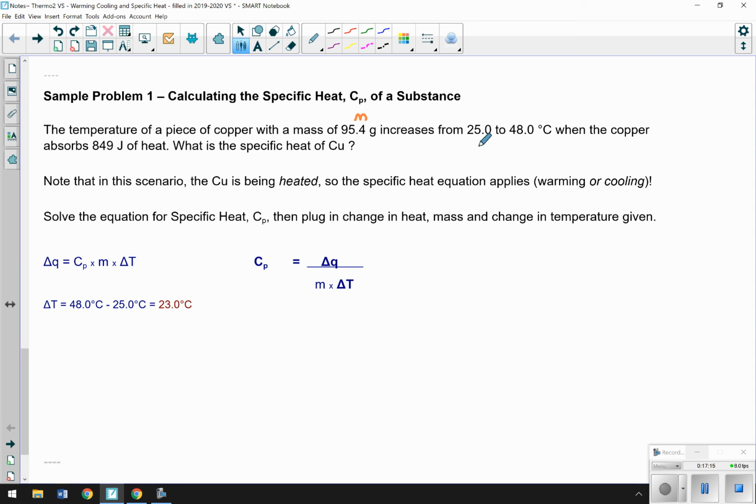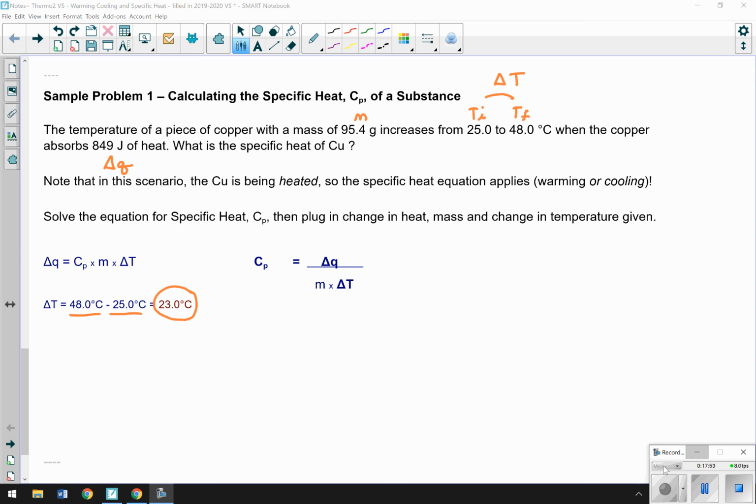It starts out at 25 degrees C and it goes up to 48 degrees C. So I can use this as my temperature final, my temperature initial, and I can use that temperature final minus temperature initial to get my change in temperature of 23.0 degrees C. So these 2 numbers actually get me my delta T. And that temperature change happened when I added 849 joules, and because it's joules, this is the change in heat that was added to my material, my copper.